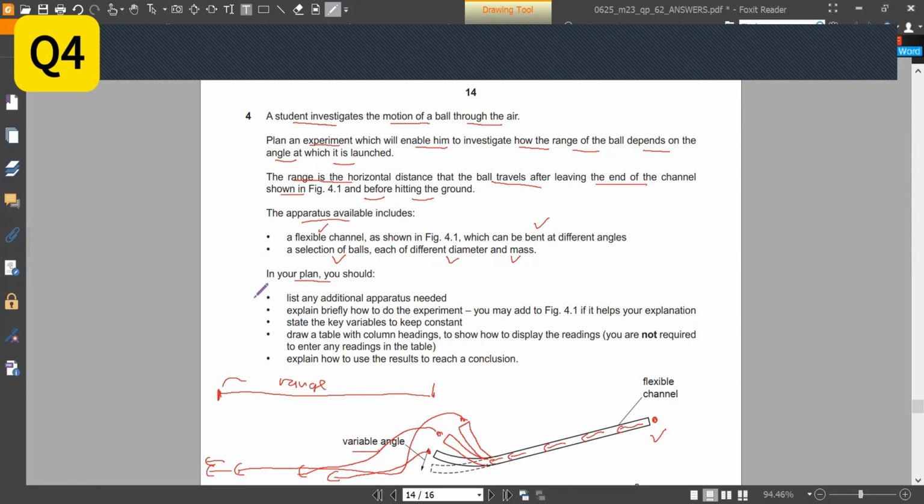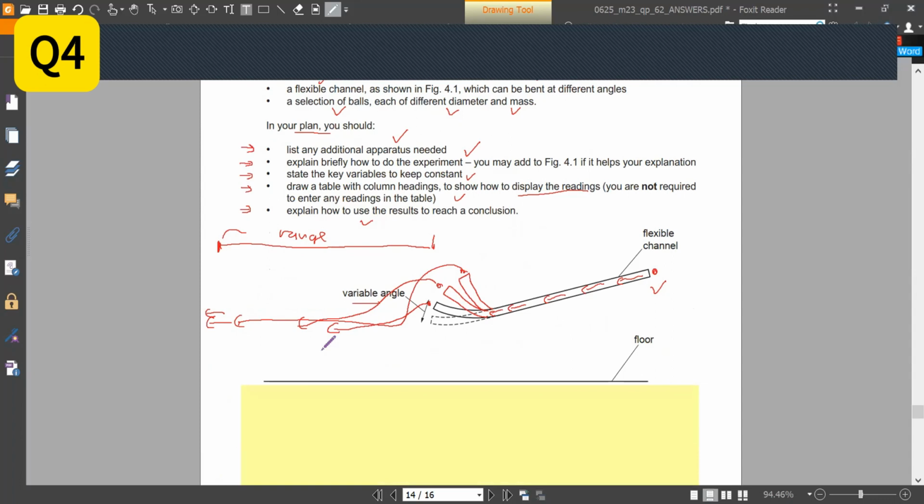So in your plan, these are the 5 points. In our answer, we should give answers to these 5 points to get the marks. List any additional apparatus, explain briefly how to do the experiment, state the key variables to keep constant, draw a table to show how to display the readings, explain how to use the results to reach a conclusion.